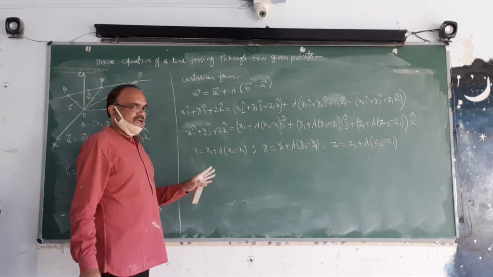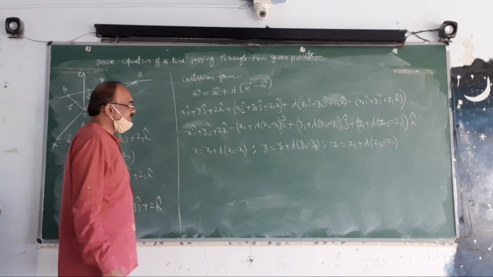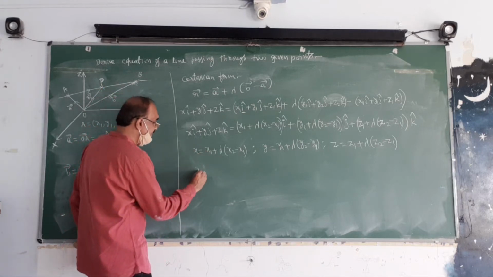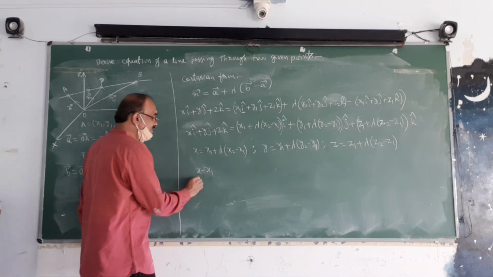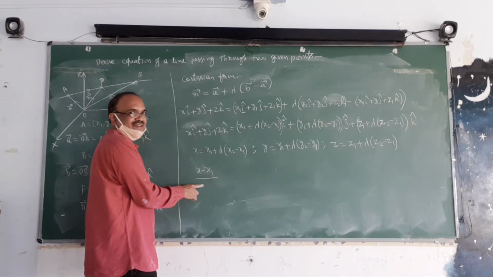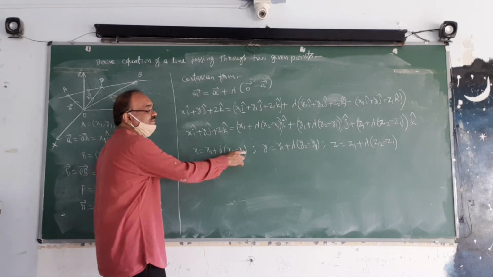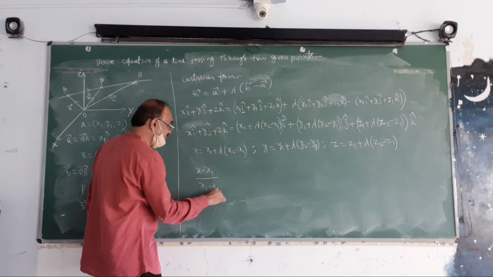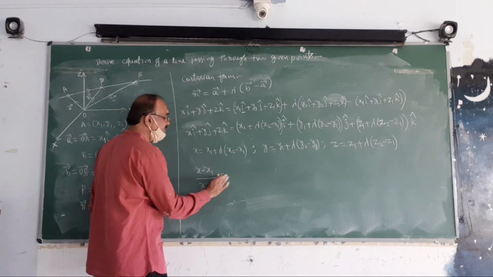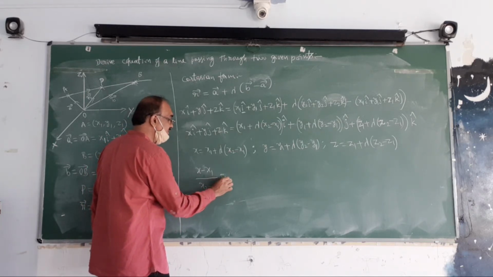Now you see, everywhere lambda is there. I keep lambda one side, all other things the other side. If x1 goes this side, x minus x1, same as earlier. Now here you are getting direction there, right? Here direction you will get from x2 minus x1. x minus x1 divided by x2 minus x1 equals lambda.